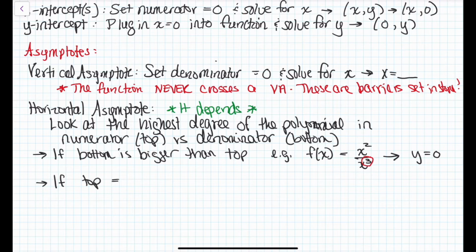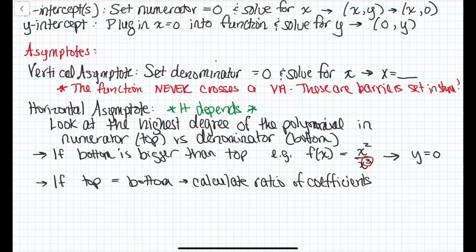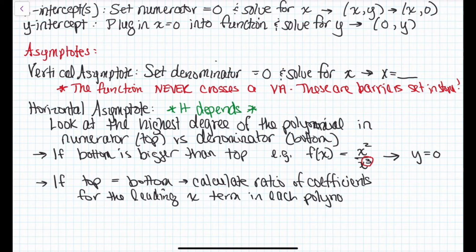That's my horizontal asymptote. If the top and the bottom are equal, the exponents are equal, then what we do is we calculate the ratio of coefficients for the leading x term in each polynomial. We just find the fraction in front of the x squareds in this case.